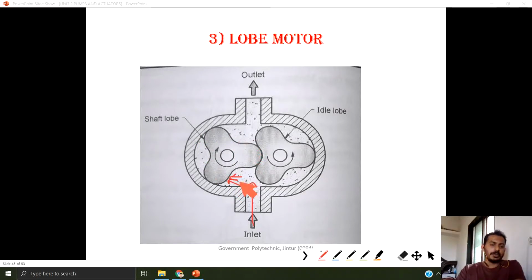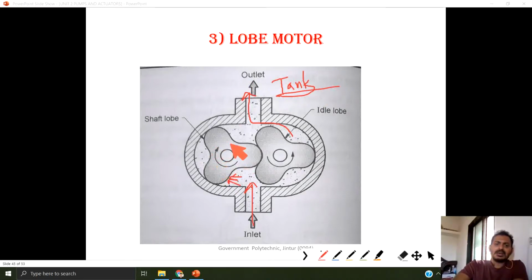This pressurized fluid is making the lobe rotate in the clockwise direction, and the idle lobe in the anti-clockwise direction. This gap is filled with the pressurized oil, and at the outlet this oil is given to the tank. So this is the working of a lobe type of motor.